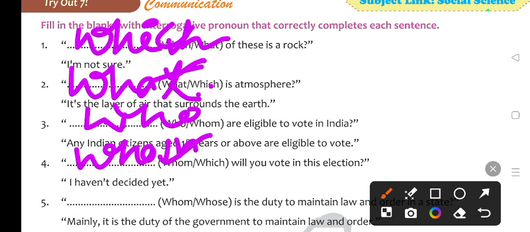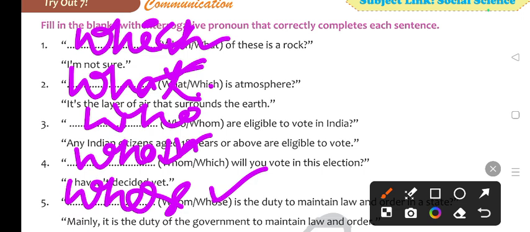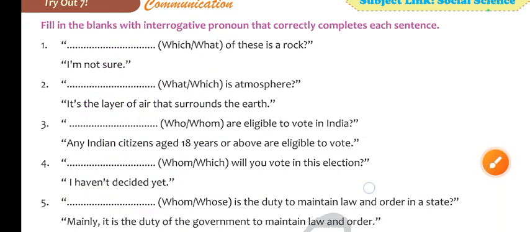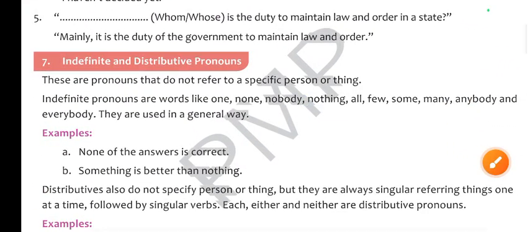Okay. Now the next is dash is the duty. I haven't decided yet. Now dash is the duty to maintain law and order in a state. So whose is the duty? We'll write here whose is the duty to maintain law and order in a state. Mainly it is the duty of government to maintain law and order. Now indefinite and distributive pronouns.